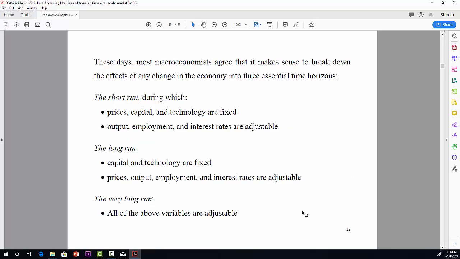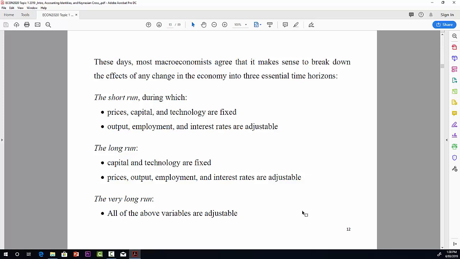So these days, most macroeconomists agree that it makes sense to break down the effects of any change in the economy into three essential time horizons. First of all, the short run, then the long run, and then the very long run. So in the short run, three things are held constant that are very important.